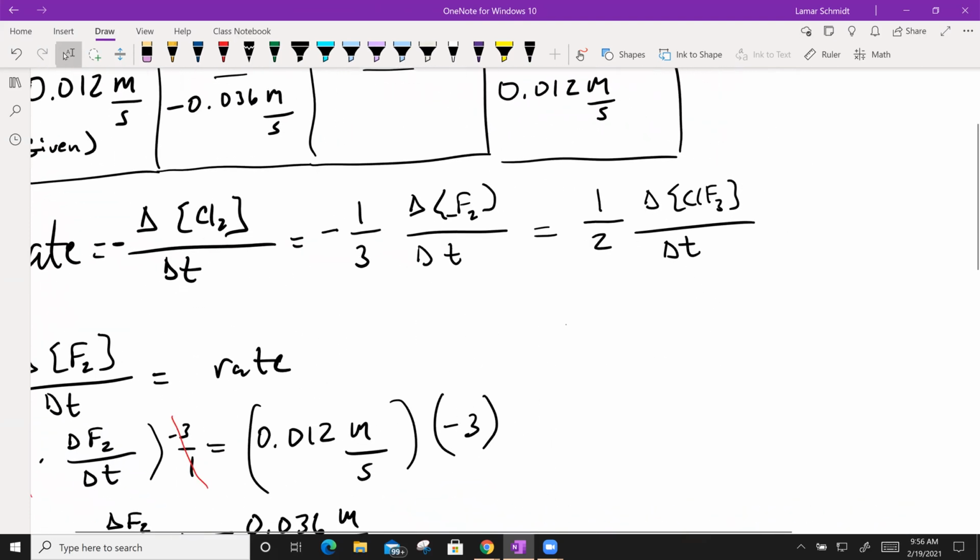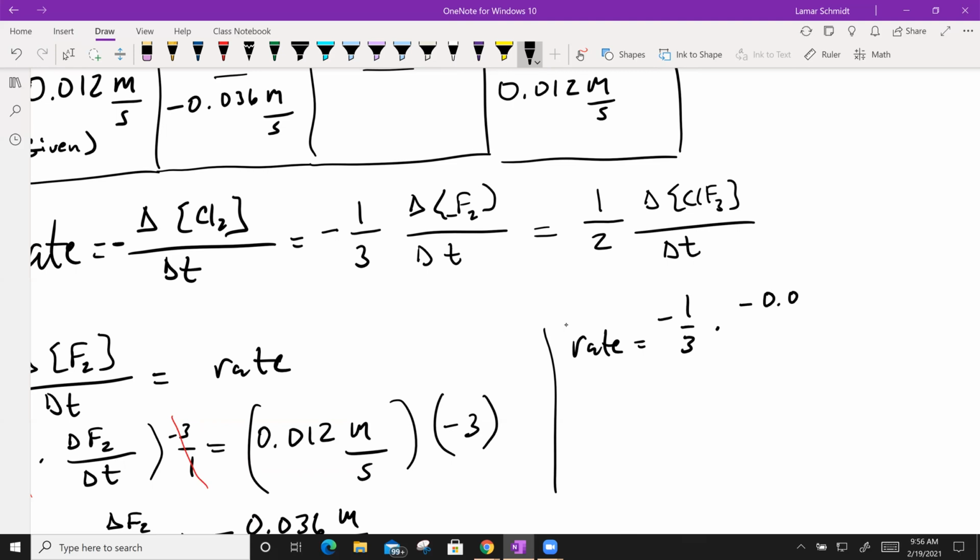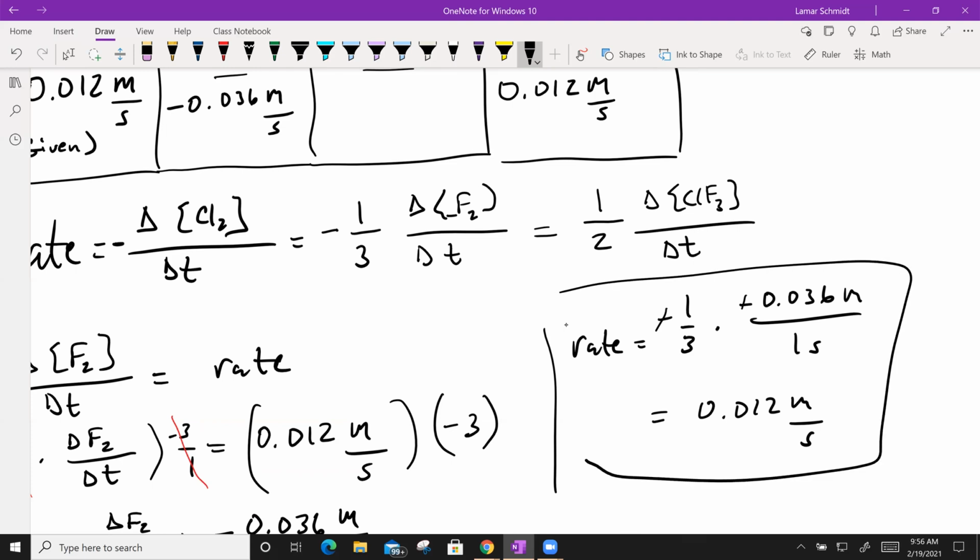If you plug this in and you write the rate expression, it's negative 1/3 times negative 0.036 molar per 1 second. What's 1/3 of 0.036? Notice the negative signs cancel, and you're left with 0.012 molar per second. All right, so sure enough, it does work out.